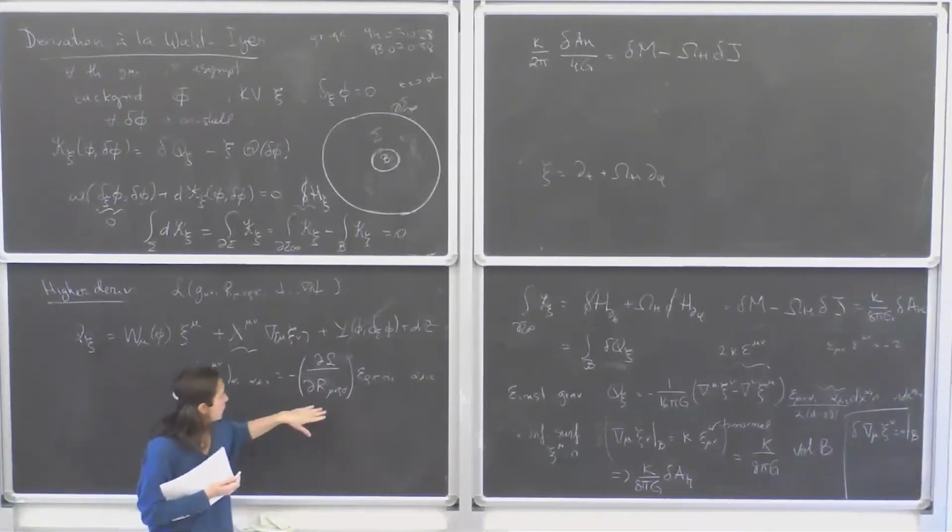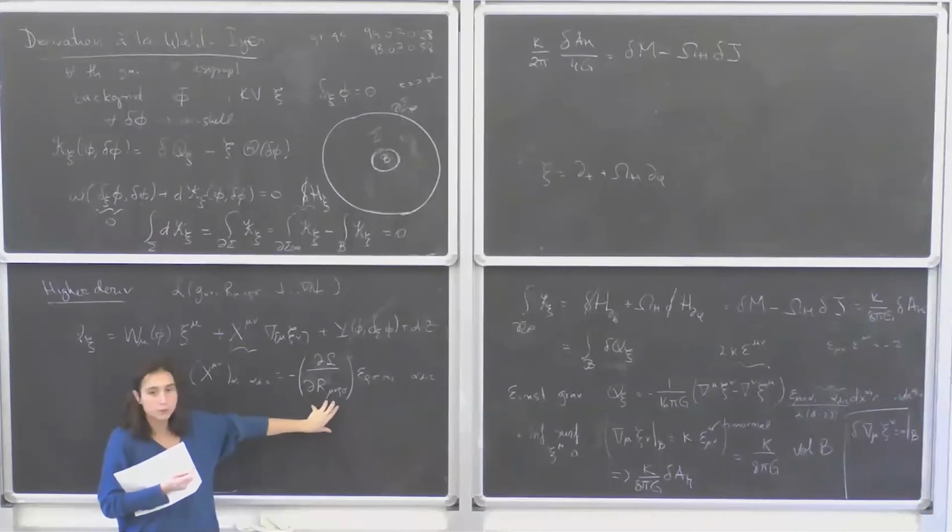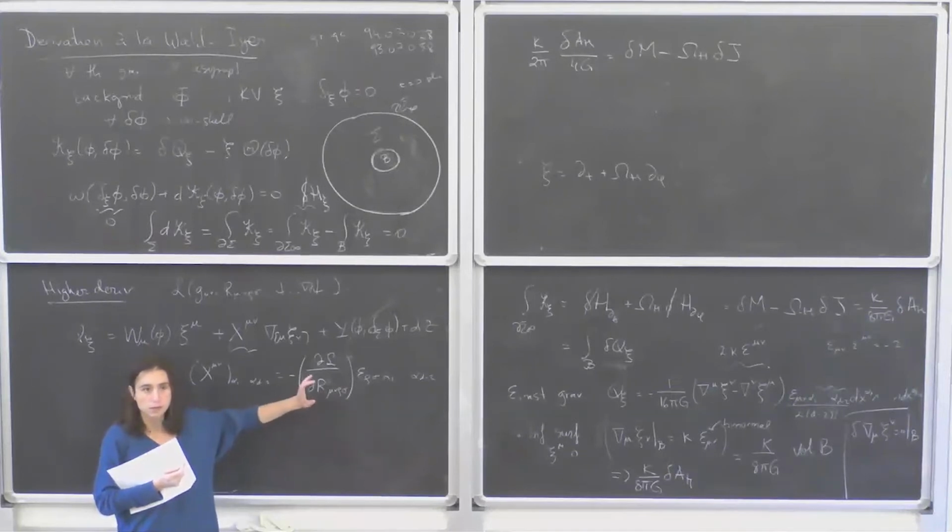So in the case of Einstein gravity, where the Lagrangian is just proportional to the Ricci scalar, this thing is just going to give you some antisymmetrized factors of the metric, right? Are people following? Is this trivial?